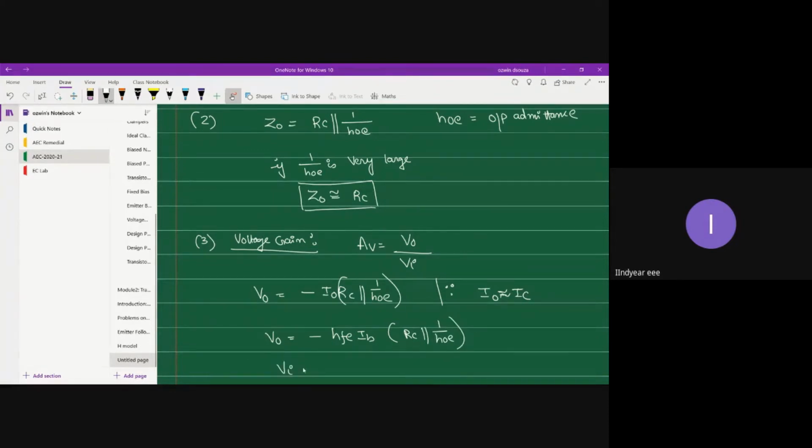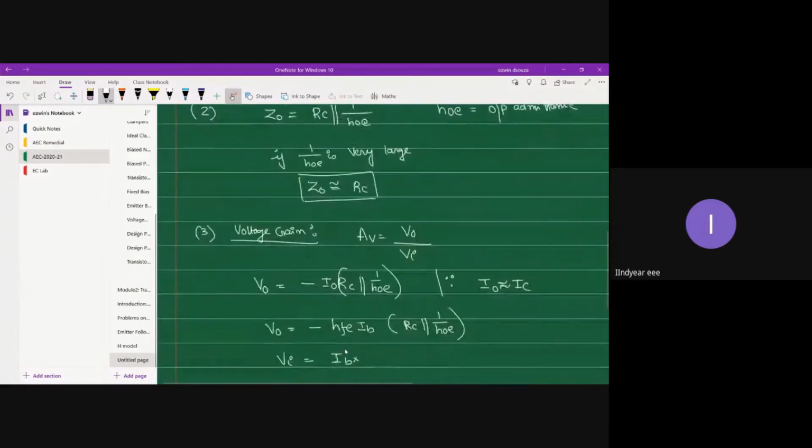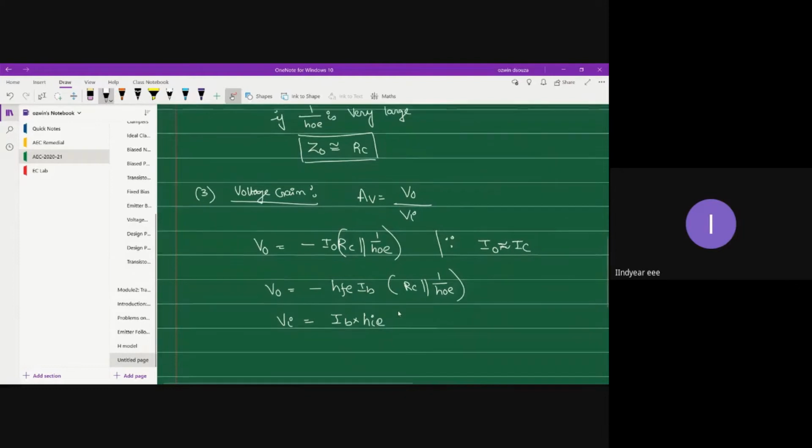And VI, we can write it as IB into HIE. I hope you understood.